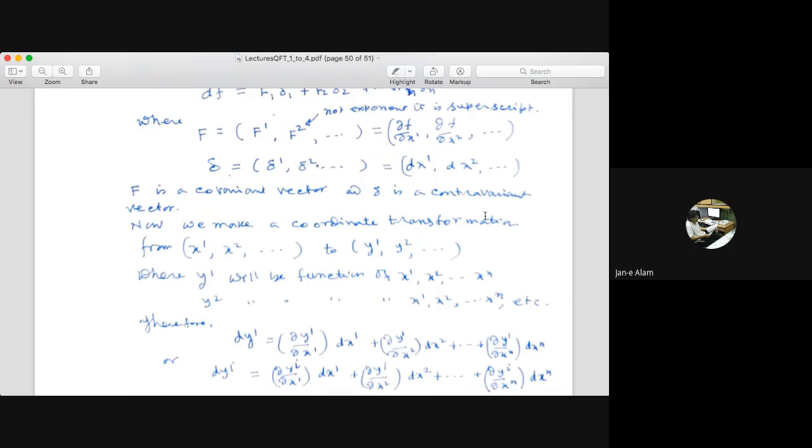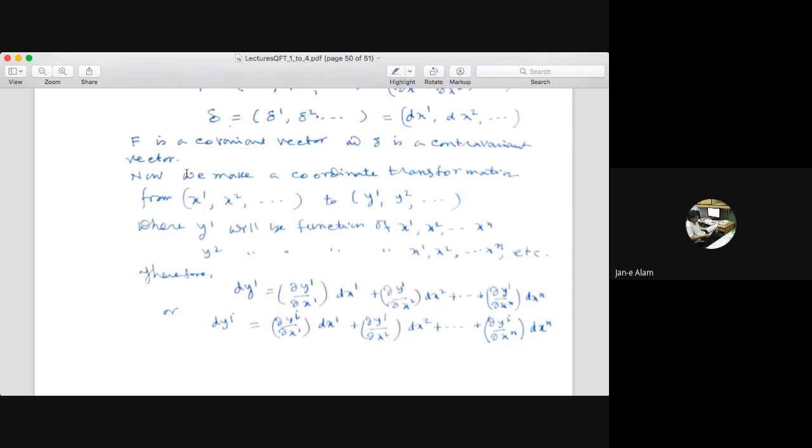Now, to show that, you make a change of variables, a change of coordinate system from x1, x2, xn to y1, y2, yn. If you make this change of variables, then I can invert this relation and write y1 as a function of x1, x2 up to xn. y2 is also a function of x1, x2, xn.